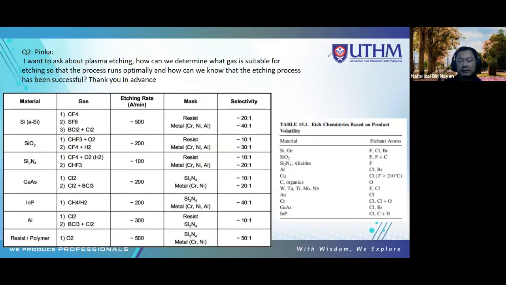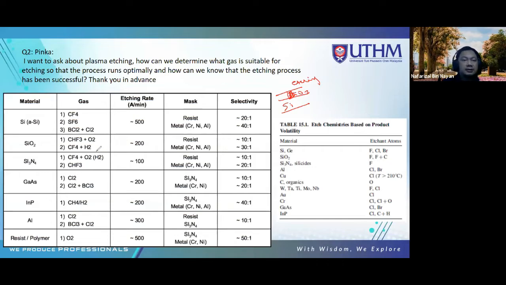If I have a silicon wafer and then silicon dioxide, and I want to do the patterning, I want to remove some portion over here, so I do the etching process, right? To remove the silicon or silicon dioxide, what are the gases that we can use? This is the question by Pinka: what are the suitable gases for specific etching applications?